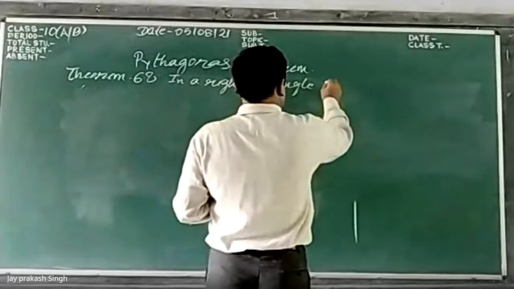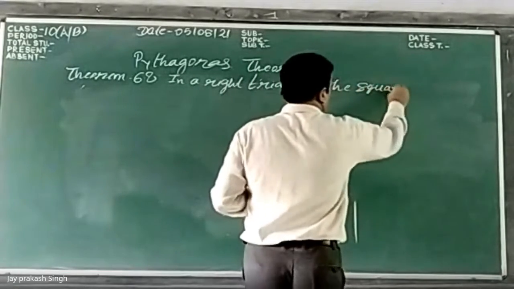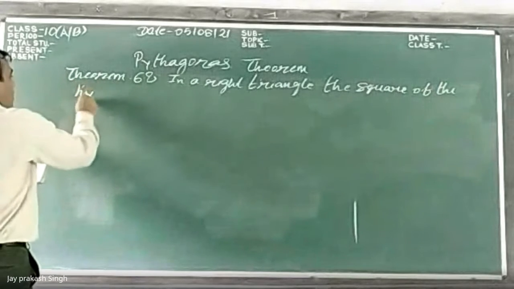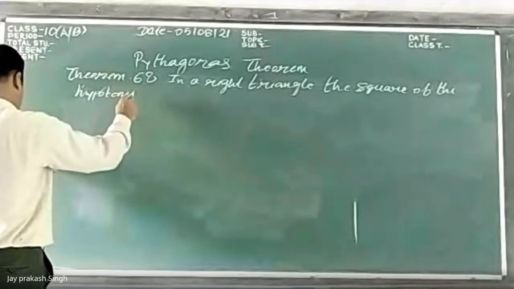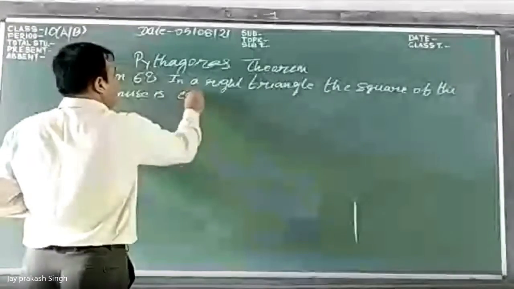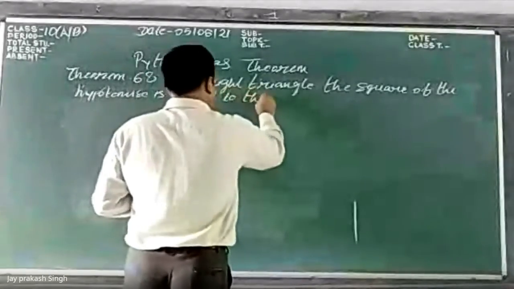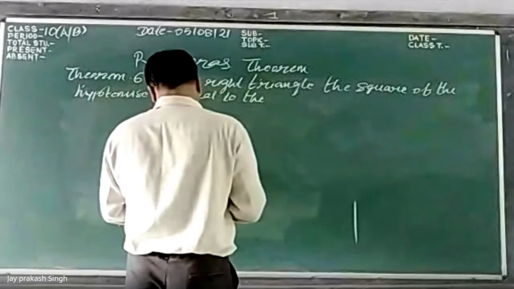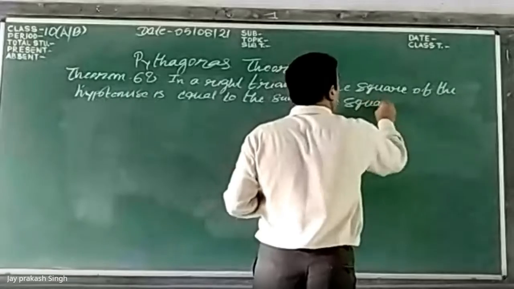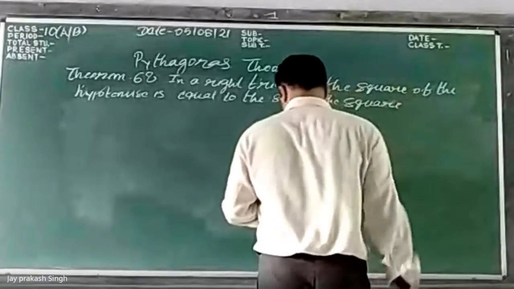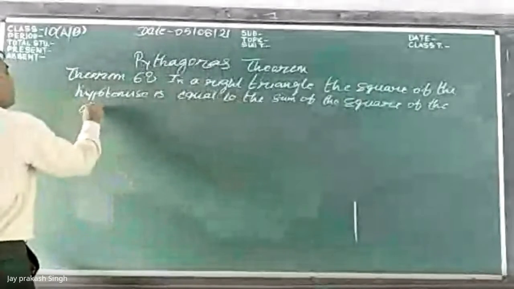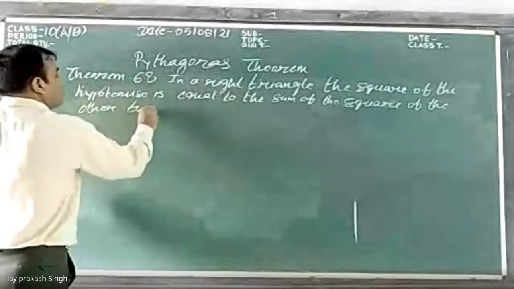The square of the hypotenuse is equal to the sum of the squares of the other two sides.